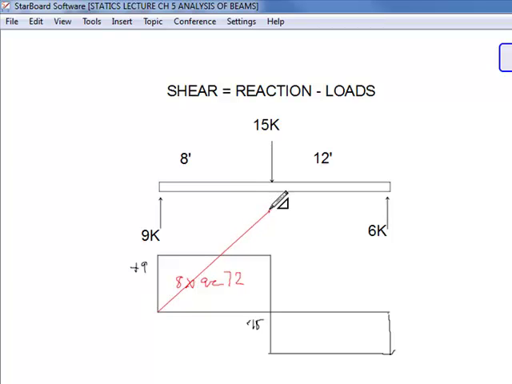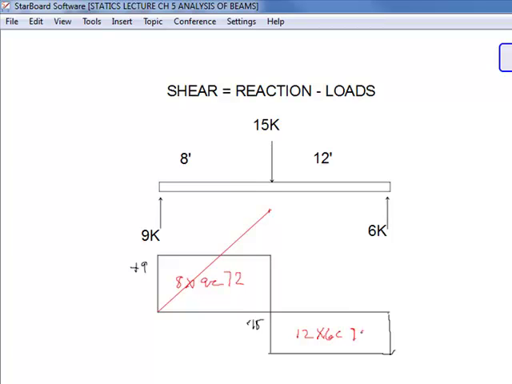Then, what's the area down here? It's 12 times 6, right? So that's the same thing, right?